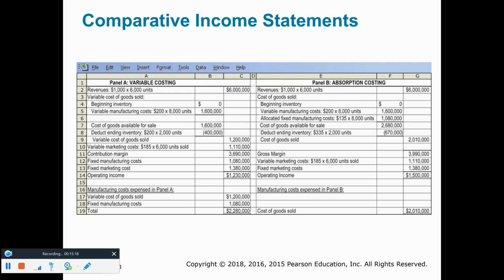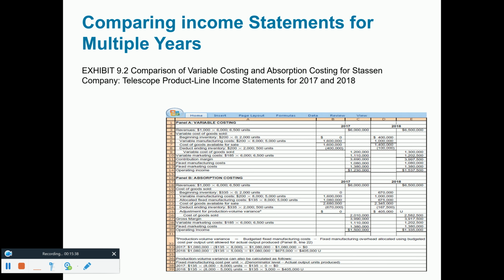Now, in the next period, we are going to see that it's going to be the opposite, where if we sell more than we produce, the absorption costing is going to have more costs going to the cost of goods sold because we sold more than we produced.